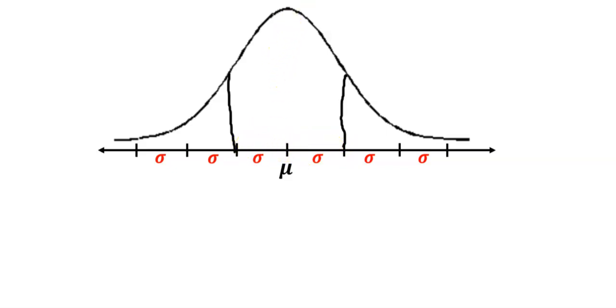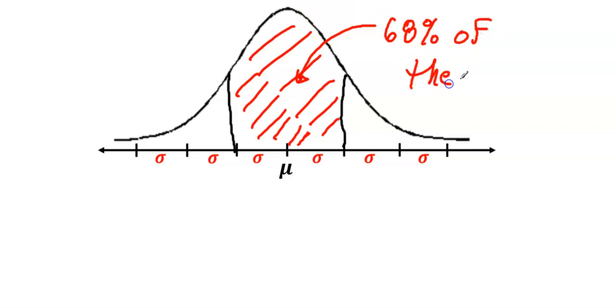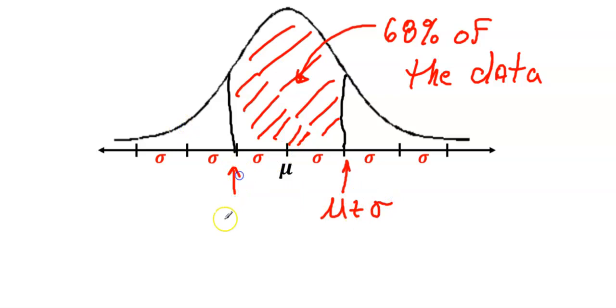And then if I shade that area in here between those vertical lines, what the empirical rule tells me is that in this shaded area, that's where I would find 68% of the data. So 68% of your data falls between this point, which is mu plus sigma, and this point, which is mu minus sigma.